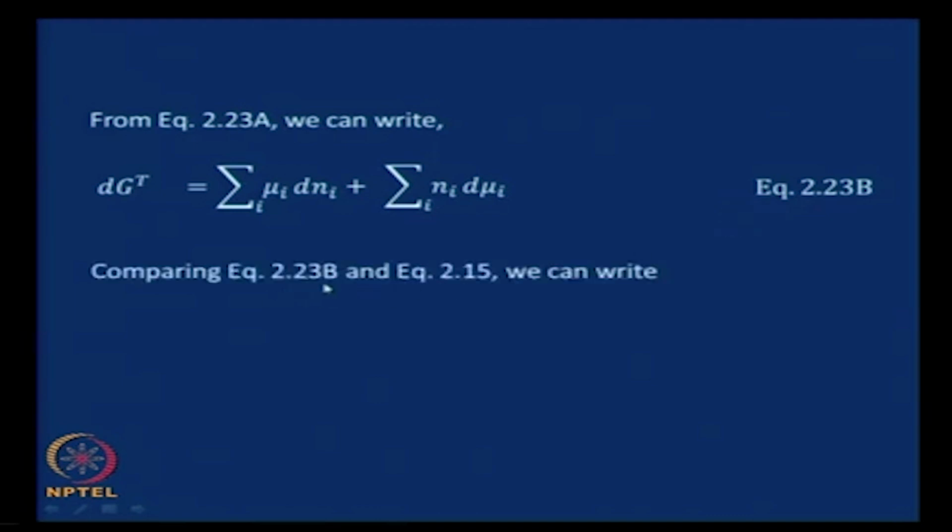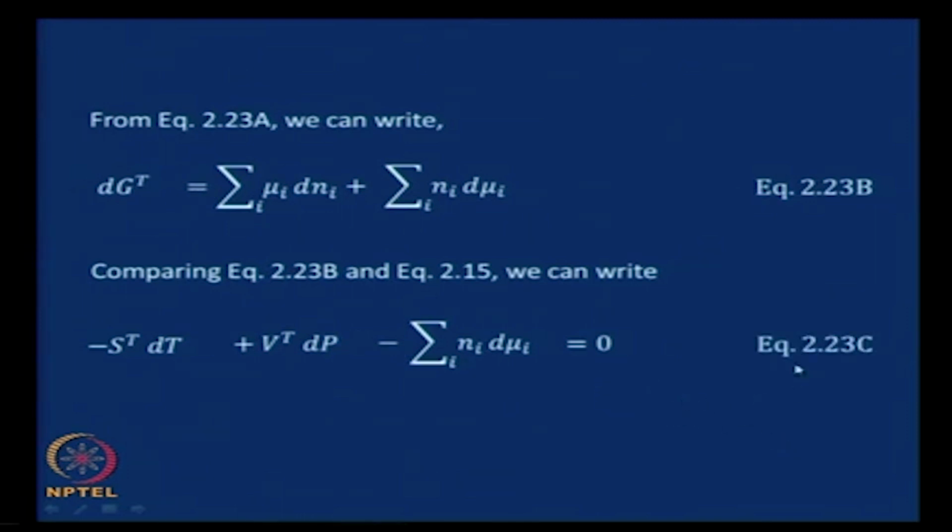If we compare 2.23b with 2.15, I would like you to compare yourself, we can write minus S_t dT plus V_t dP minus summation of n_i d mu_i. If you substitute the expression for dG_t and cancel the common terms here, we get minus S_t dT plus V_t dP minus summation of n_i d mu_i. This mu_i dn_i will get cancelled with the plus mu_i dn_i which appears in dG_t, and that equals 0.